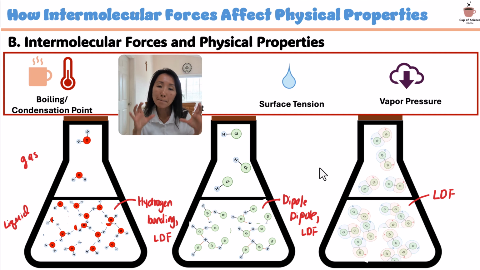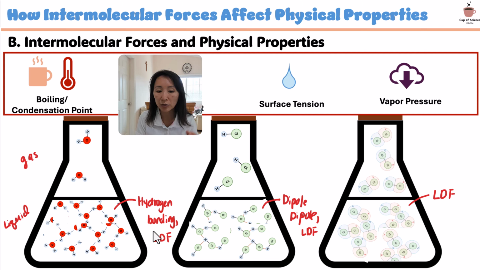Note the amount of water molecules going into a vapor phase, HCl going into the vapor phase, and then Cl2 going into vapor phase. The one in the water doesn't go into vapor phase as much. For this one, it's going to go into vapor phase a little more, and a lot more here.